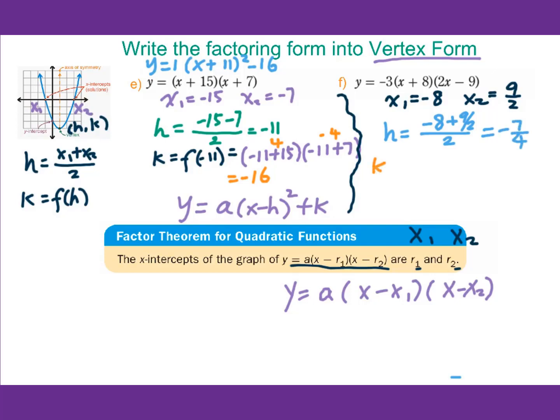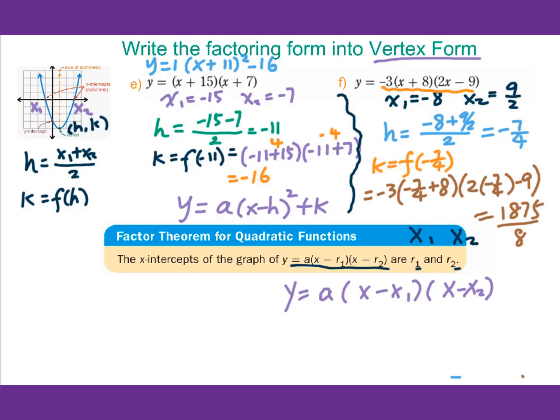Therefore, for k equals f of negative 7 over 4, we plug into this equation: negative 3 times negative 7 over 4 plus 8, then 2 times negative 7 over 4 minus 9.